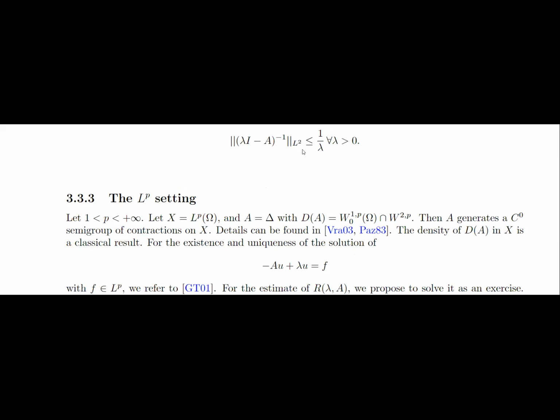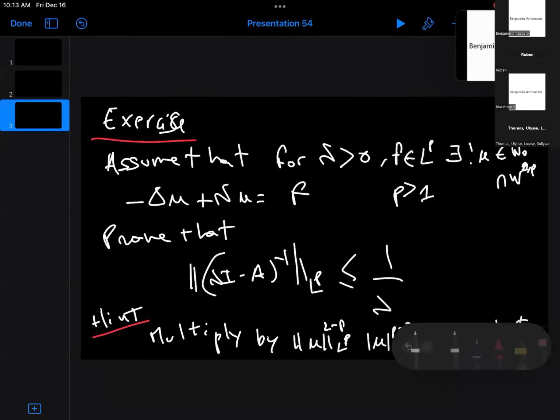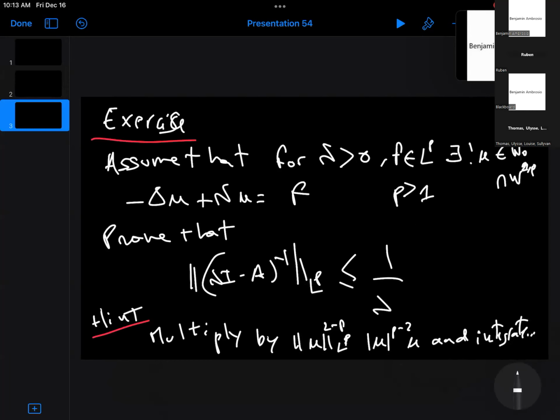All right, so we just want to replace 2 by P. Let's think about that. Okay, so let's do that.